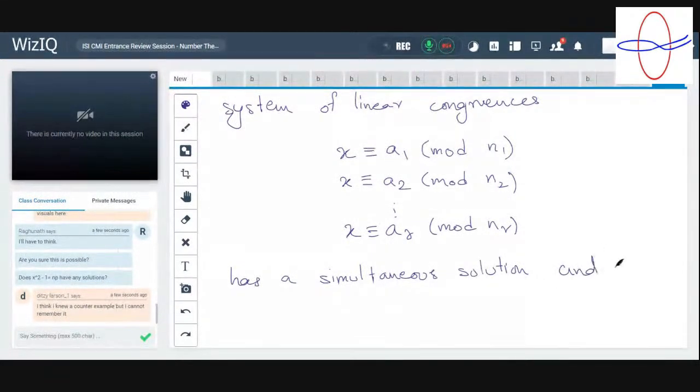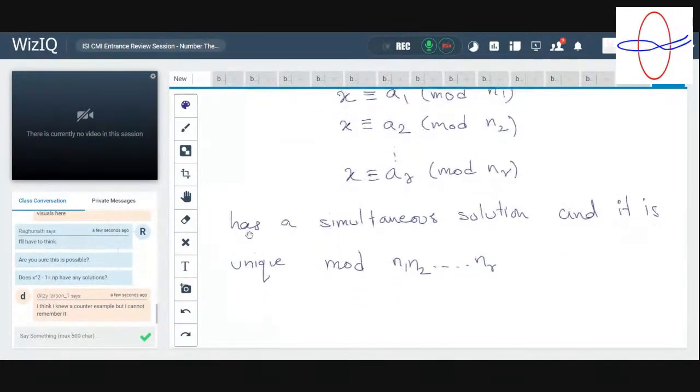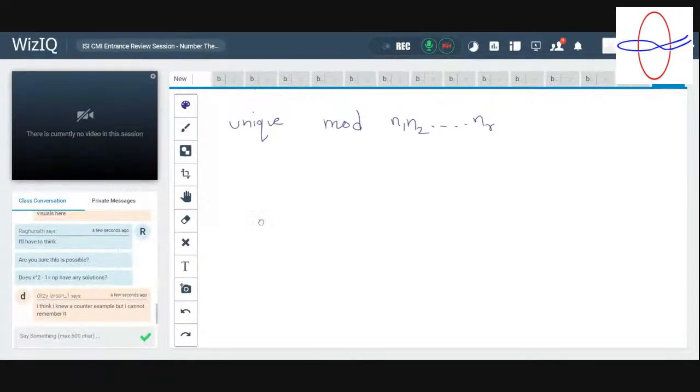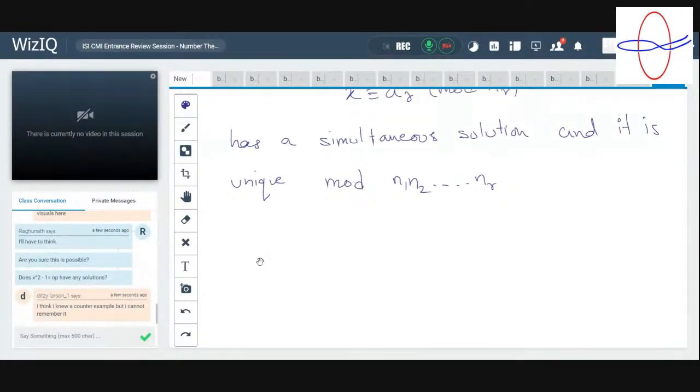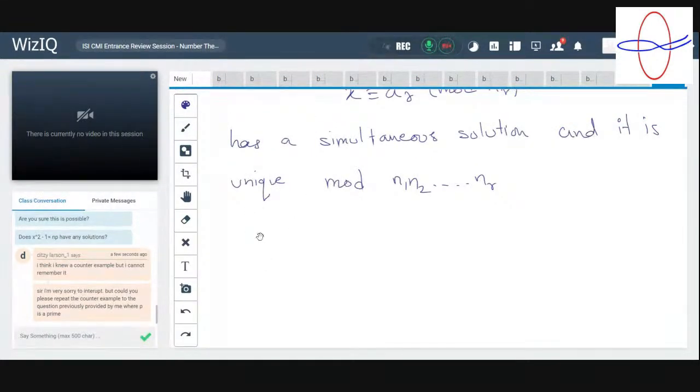And this is unique mod n1 into nr. So this is a product. Okay. But what's more interesting is the proof of this result. Let's look at the proof, because the proof will actually be construction of this solution.